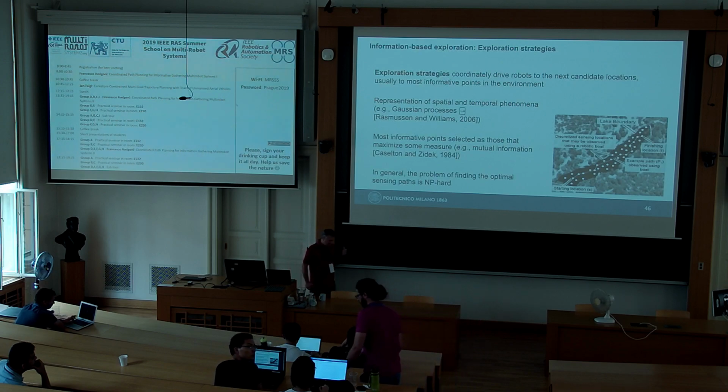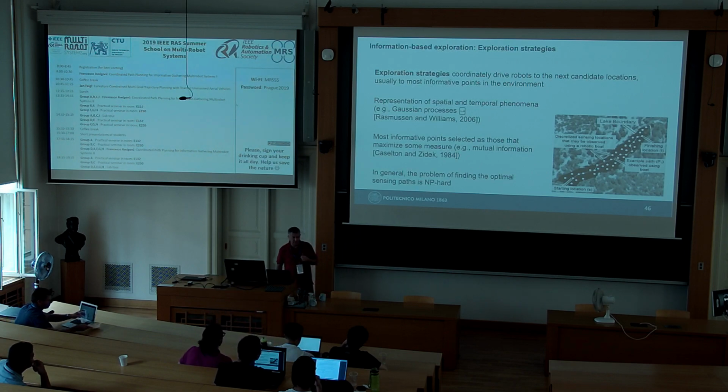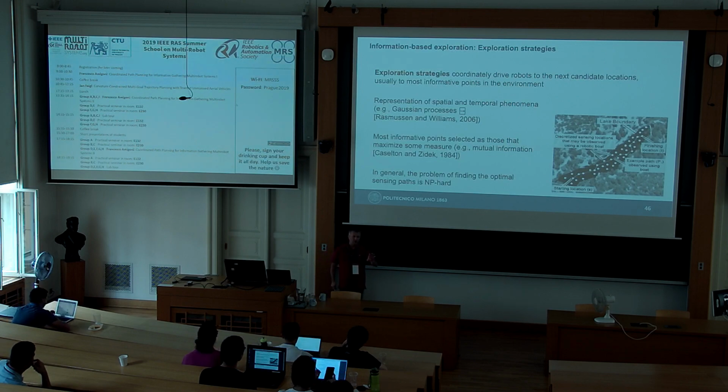So with respect to the previous problem of frontier-based exploration, in that case, what you know about the environment was pretty obvious. You know some portion of the environment, and then you don't know what is beyond this portion of the environment that you have already discovered.